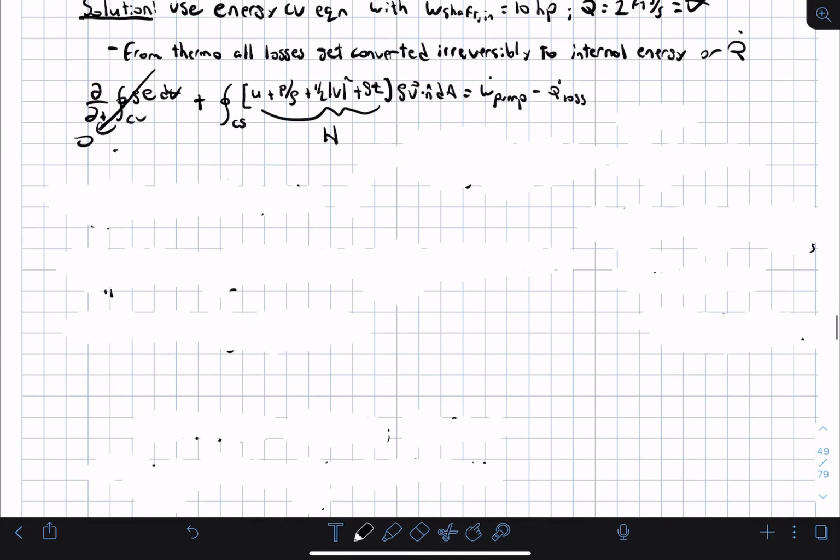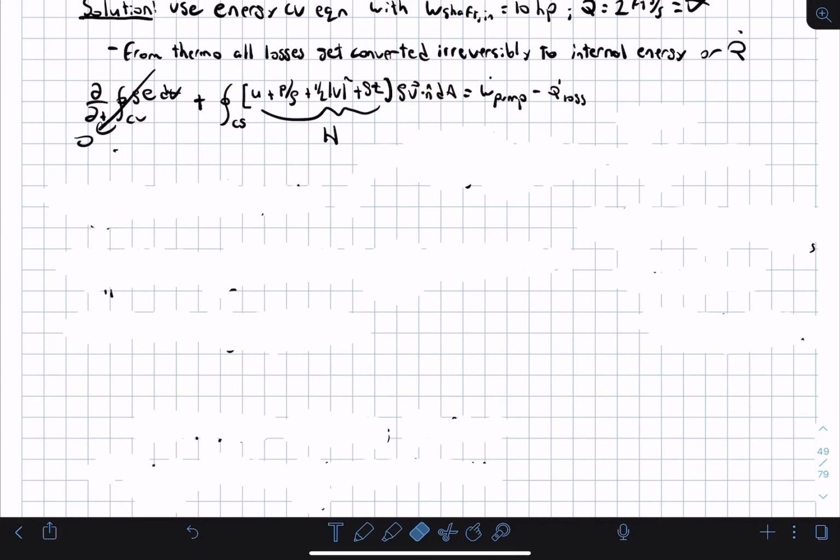Okay, so now we're just showing you how you can take this much more general version of the first law for a control volume and then work with it, and turn it into something that you've used quite a bit in your thermodynamics. Okay, so we are going to work with this. So now we've accounted for all the work and heat going in and out of the control volume.